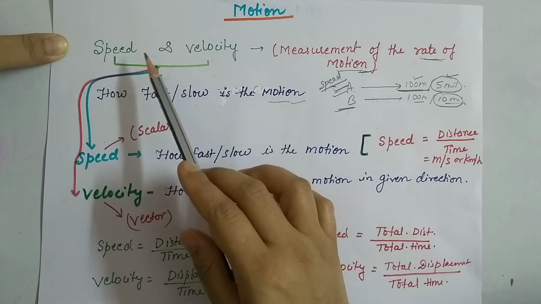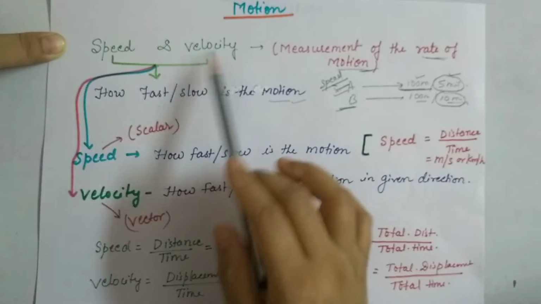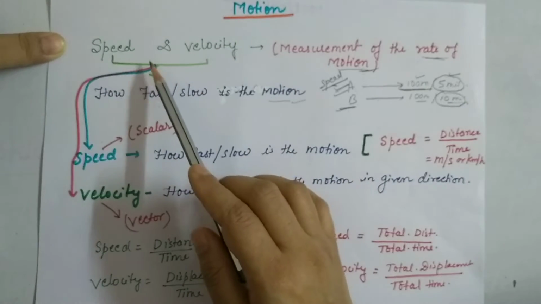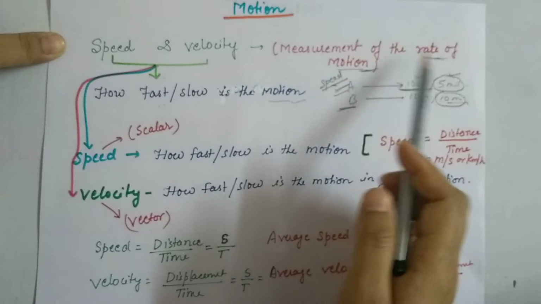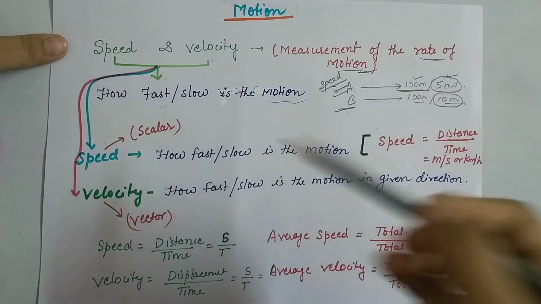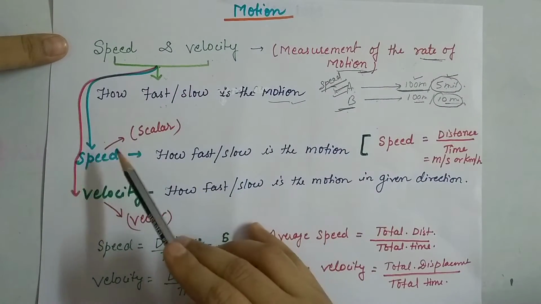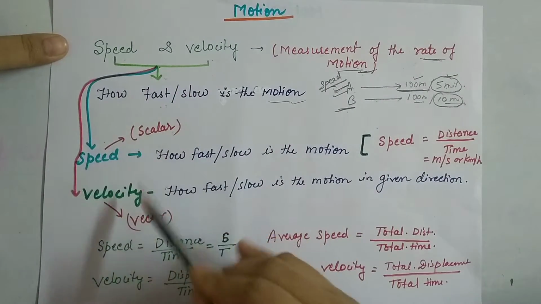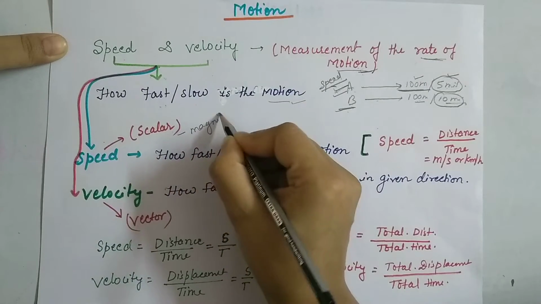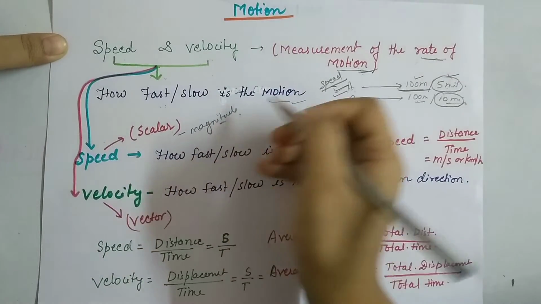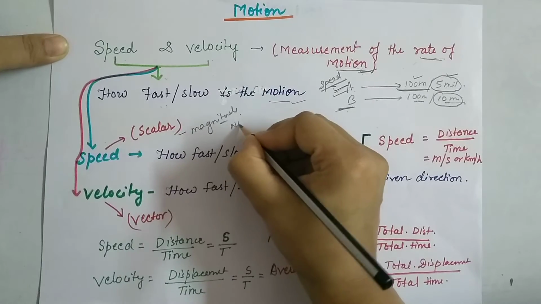Now there is also a difference between speed and velocity. Basically, speed and velocity are used to measure the rate of motion, but there is a difference. Speed is a scalar quantity. It means it shows only the magnitude, with no direction.